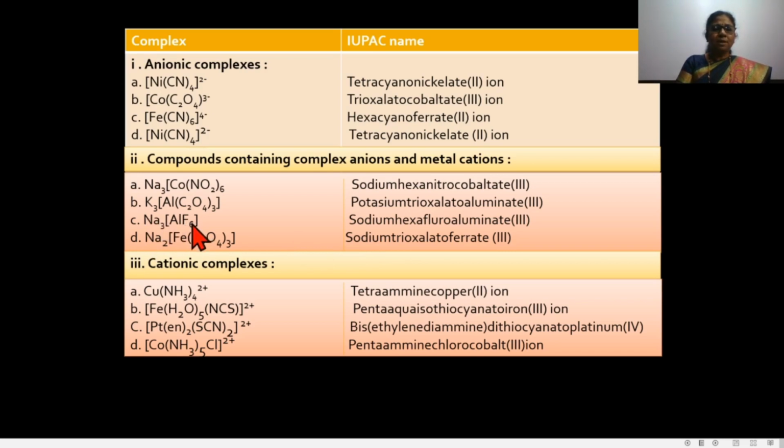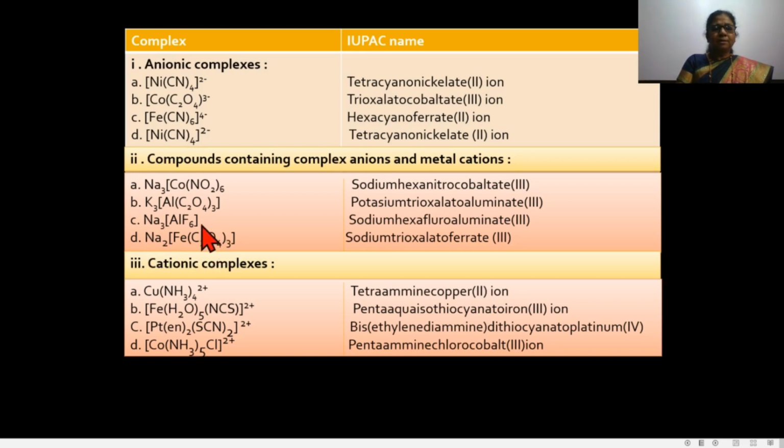How many? 6. Therefore, the name of this compound is sodium hexafluoroaluminate(III). The oxidation state is 3. Mention the oxidation state of this central metal ion. Then this is also a cation, sodium.